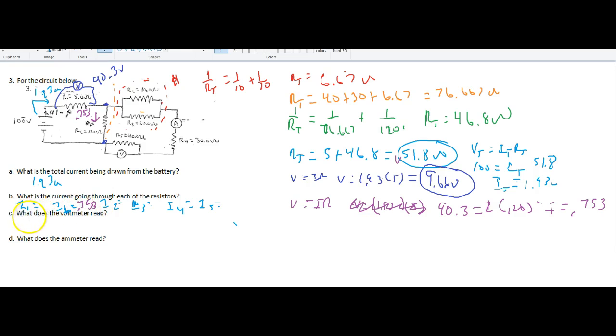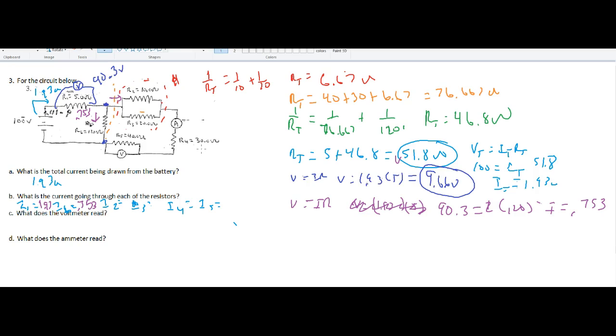Now, I had 1.93 amps going this way, so how much goes this way? Well, whatever's left over goes that way, correct? So whatever goes that way is 1.93 minus that answer, right?